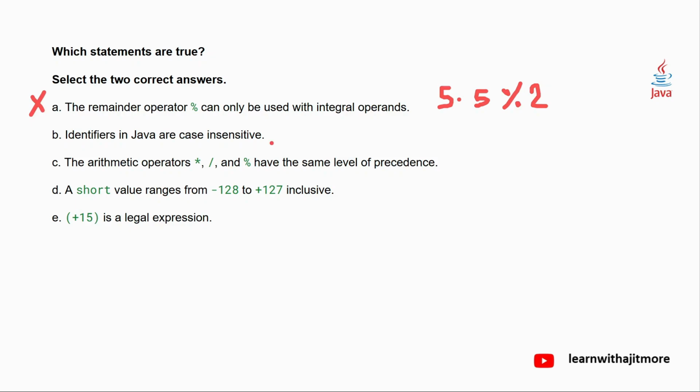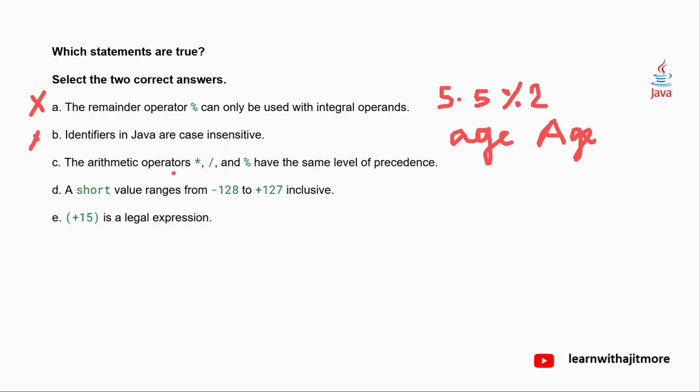Second, the identifiers in Java are case insensitive. It's not like that. They are case sensitive. If I create a variable age with a small a, and I'm creating another variable Age, here a is small, here A is capital. Both are different. Java doesn't consider both as same. Therefore, this is also not true.